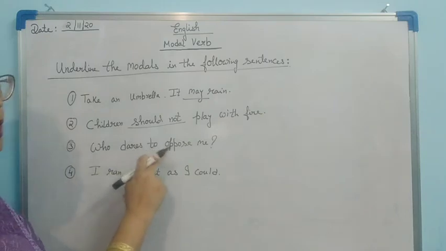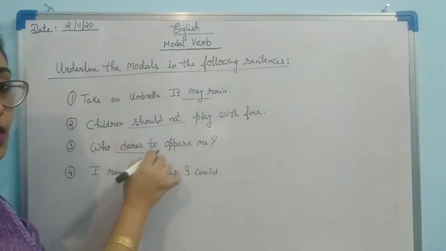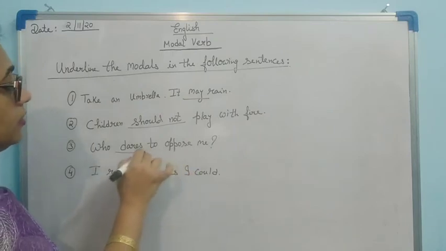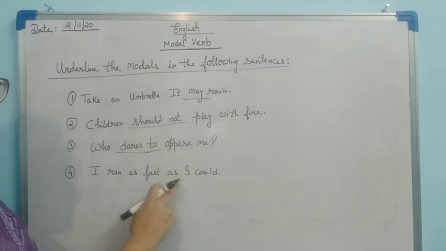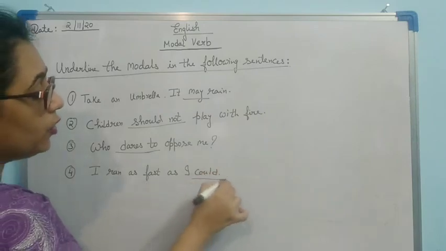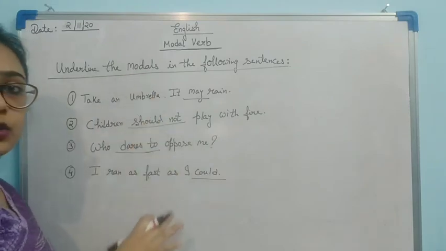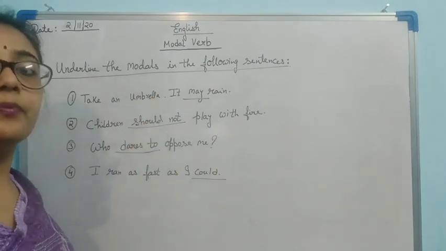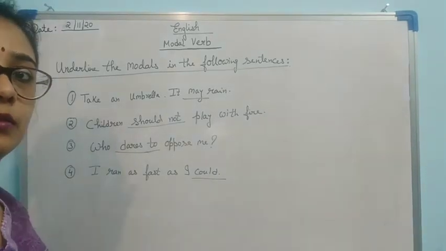Who dares to oppose me? Who dares to oppose me? I ran as fast as I could. So these are the modals here. In this way we will solve this type of exercise. Okay. Now if I talk about other exercises, let's see another exercise.